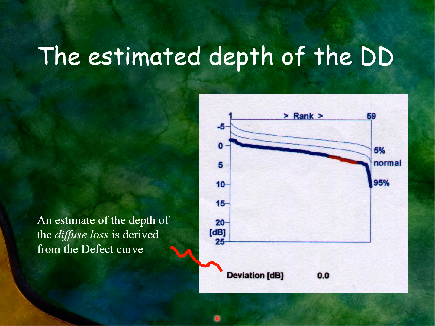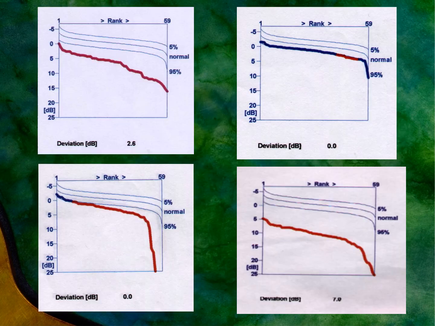An estimation of the depth of the diffused defect at this zone is written down. In this example, there is no deviation because the curve of the patient is inside the normal range. In this example, the diffused defect is estimated to be 2.6.